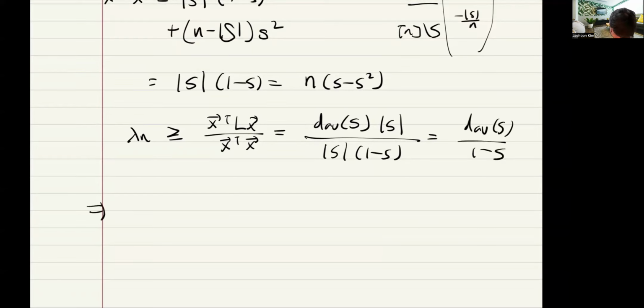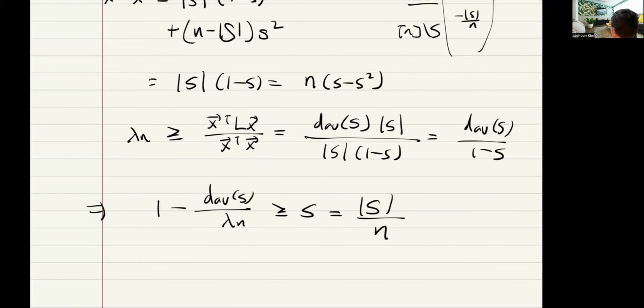From here, what do you get? You get that 1 minus the average degree of S over lambda N is at least s, and this is the size of S divided by N. So the size of S is at most N minus N times the average degree of S divided by lambda.